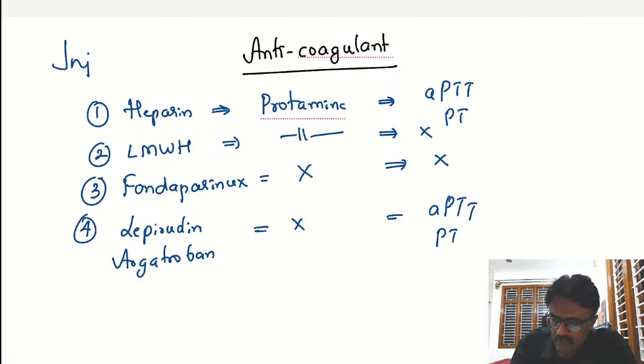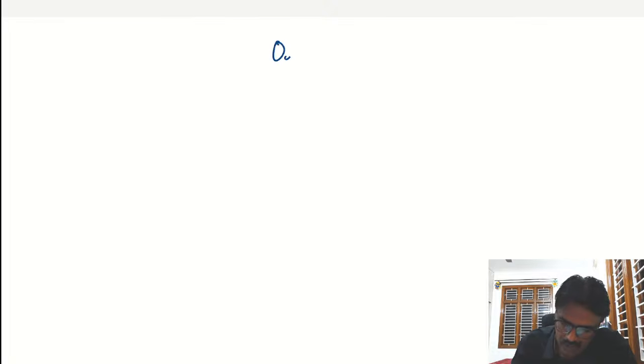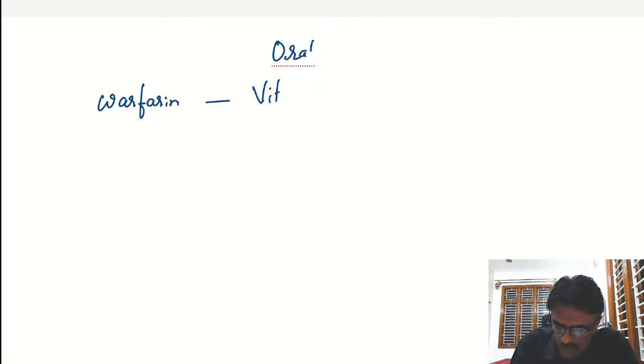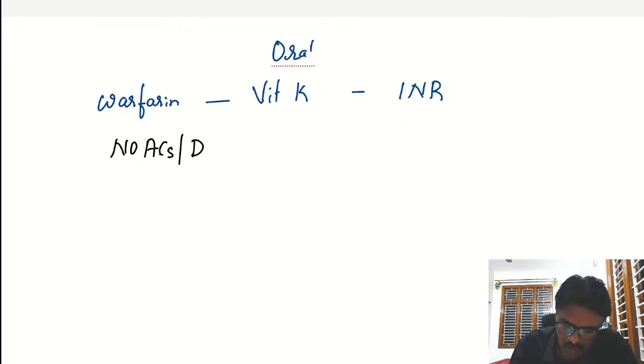Then come our oral drugs. The major drug is warfarin. Does it have an antidote? Yes, vitamin K. The parameter you monitor is INR. Nowadays we have the drugs called NOACs, novel oral anticoagulants or directly acting oral anticoagulants.